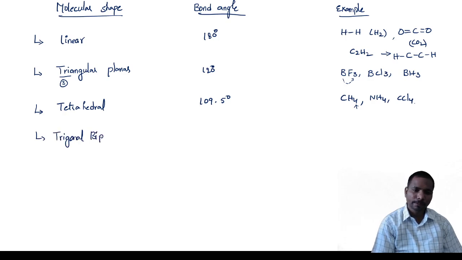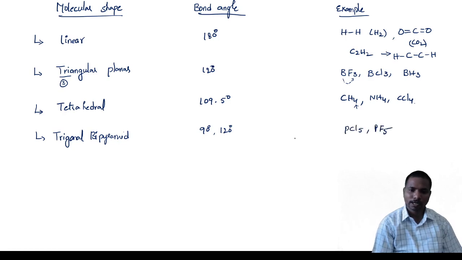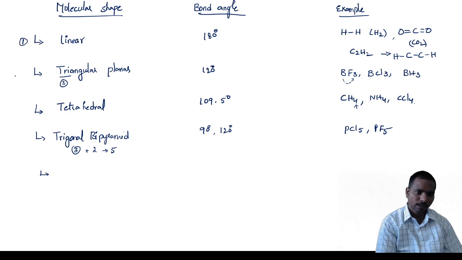And the next one, trigonal bipyramid. It may have two bond angles, 90 degrees or 120 degrees. Examples are PCl5, PF5. Tri means 3, bi means 2, so in total we have 5. Next, the sixth one, octahedral.